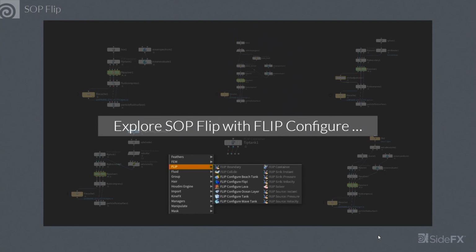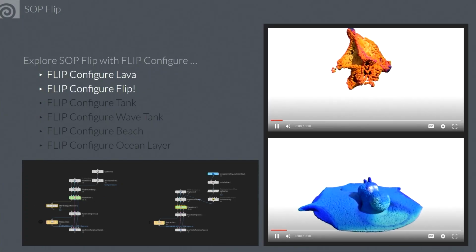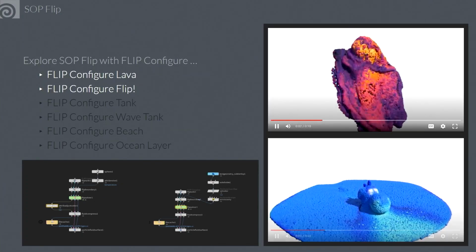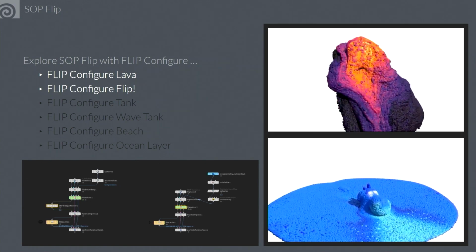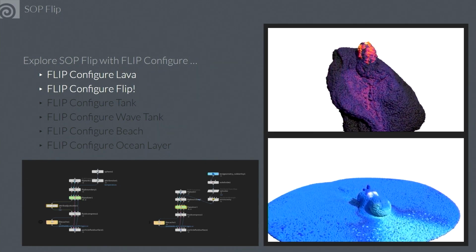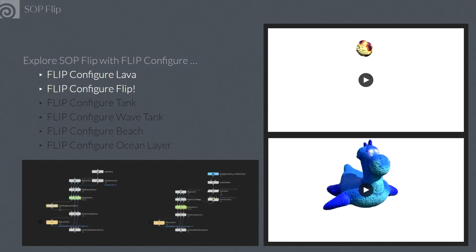The best way to get started with SOP FLIP is with the FLIP configure tools. We have created a bunch of configure tab commands for you. The two I find the most fun are FLIP configure lava and FLIP configure FLIP. They show you how to run viscous fluids, how to create and source temperature, or how to create a fluid with custom color.